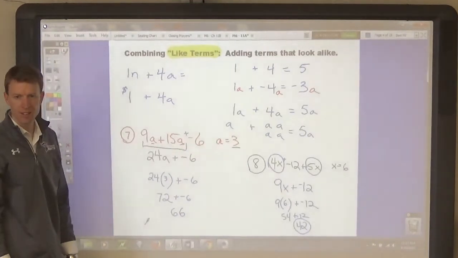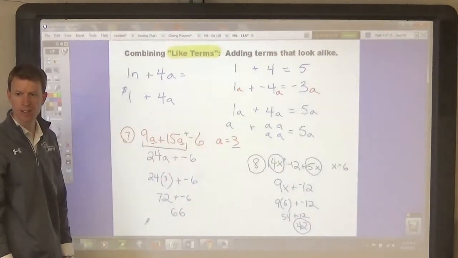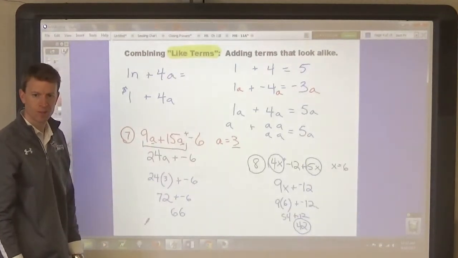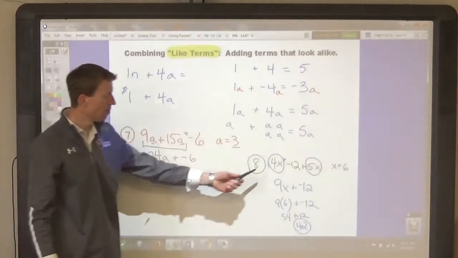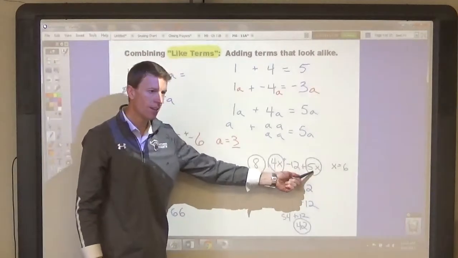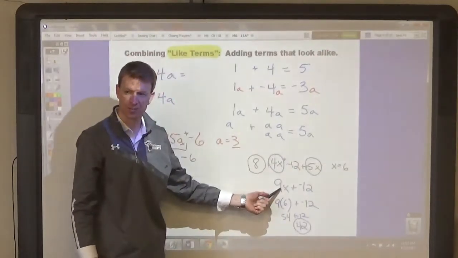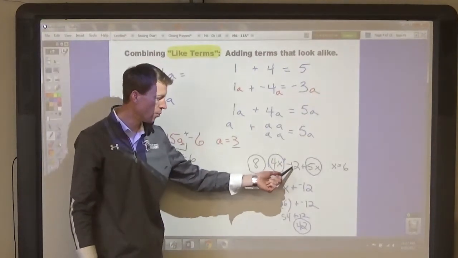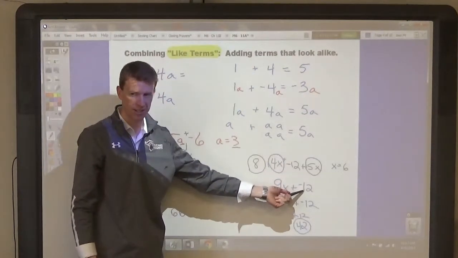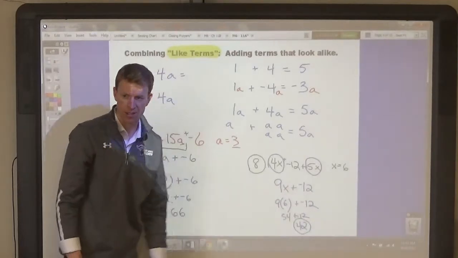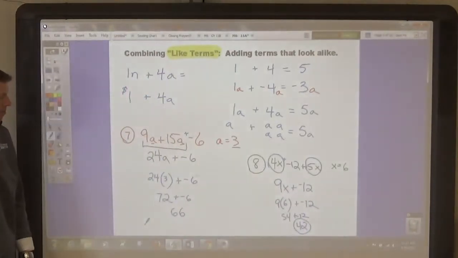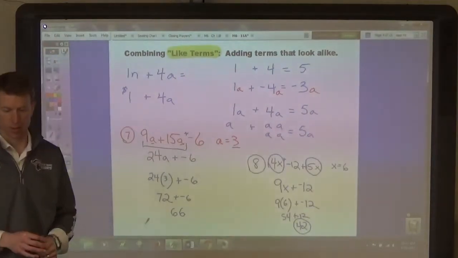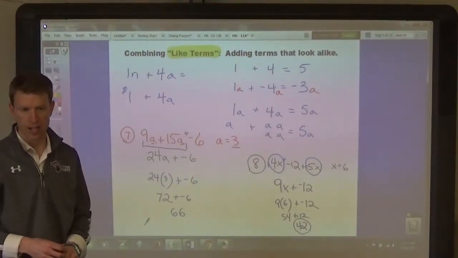Are you with me? Is this making sense? 4x's plus 5x's is 9x's. We can't add negative 12 because it's not negative 12x's. They're not alike. We can only add like terms.